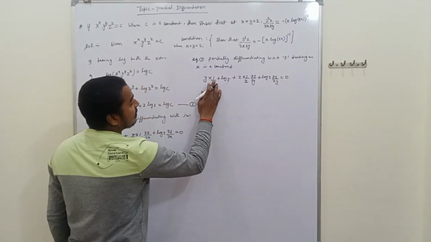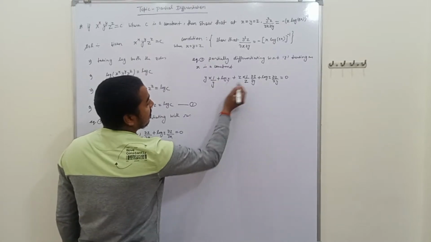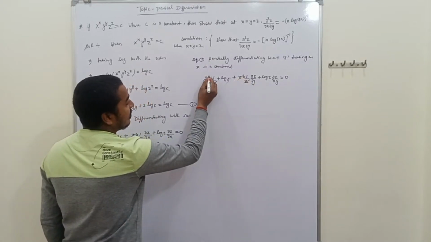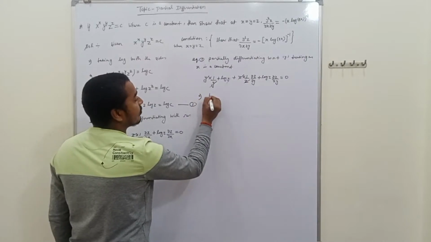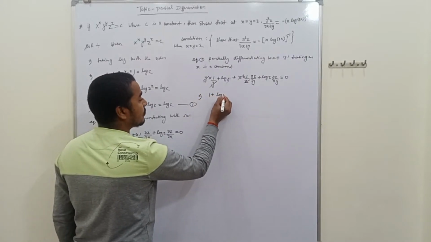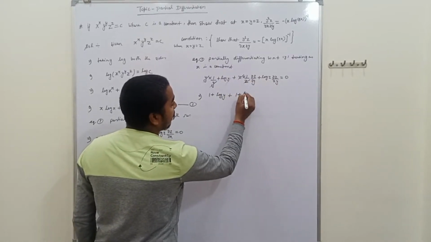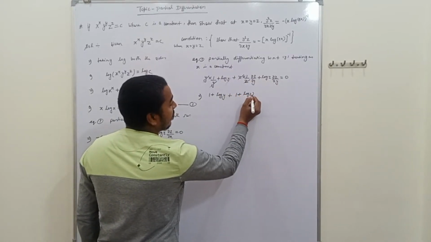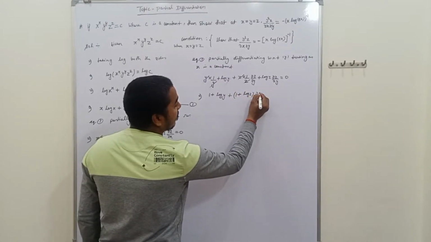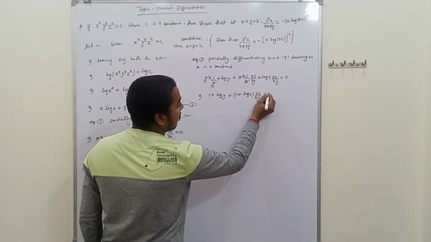From here, z to z is cancelled and y to y is cancelled, then the remaining is 1 plus log y, plus 1 plus log z, taking del z upon del y common.